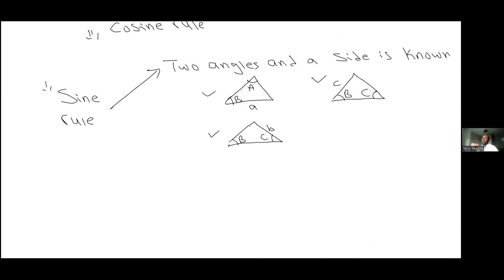So you can see that we have angle C and side C. Does that make sense? We have angle A and side A. That's what I'm trying to say. Or we have angle B and side B.